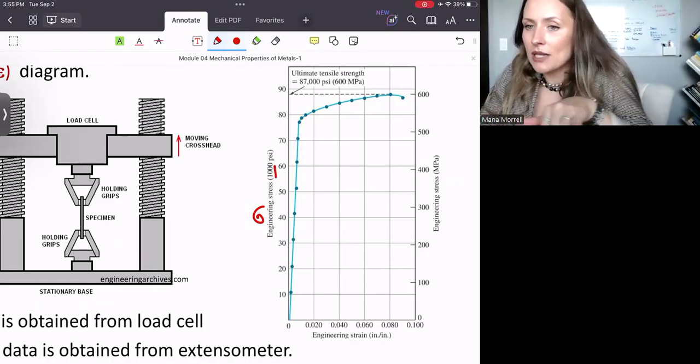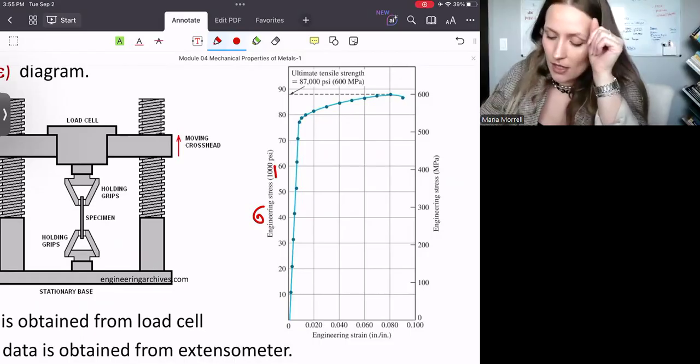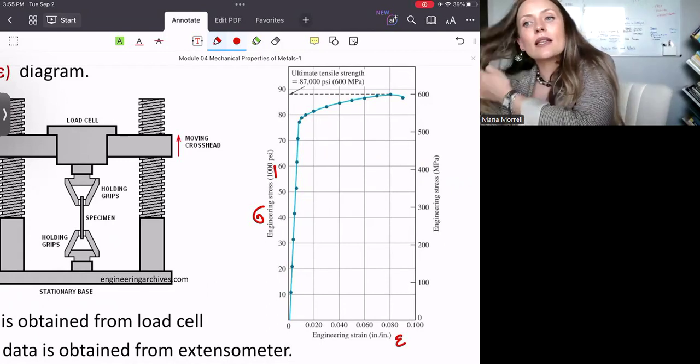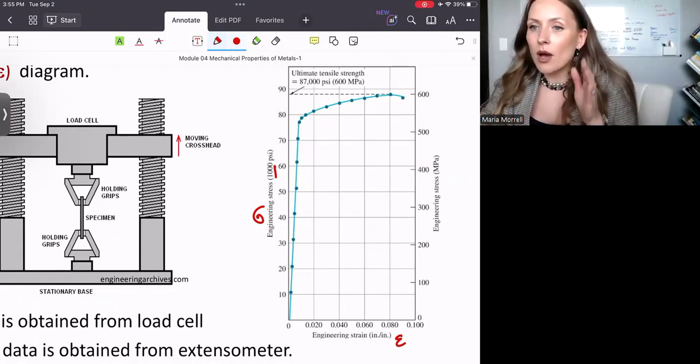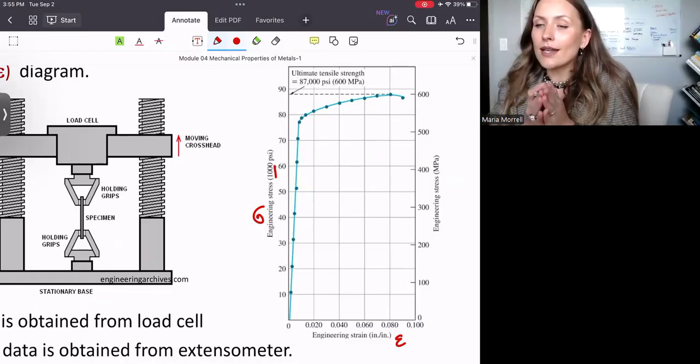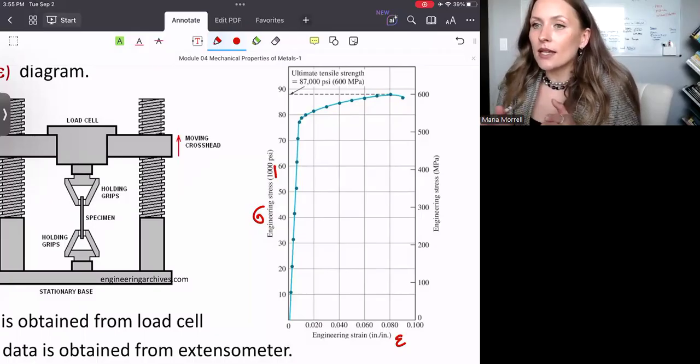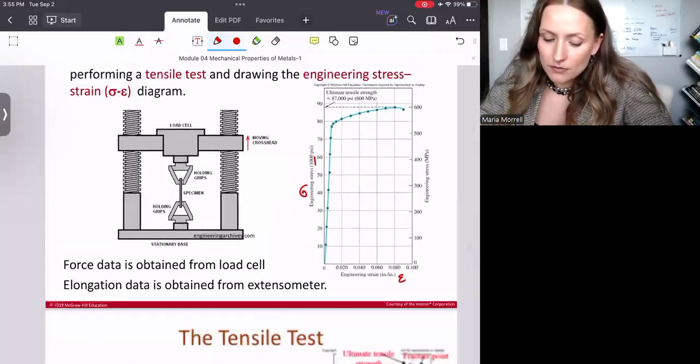So it's not 10 psi, it's actually 10,000 psi. And here you will have engineering strain, right? So if I apply a specific amount of stress to my material, I can estimate the response in my material as an elongation, right?